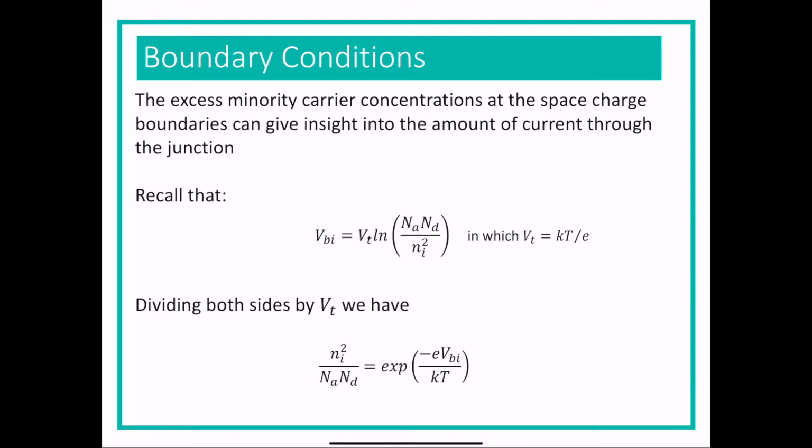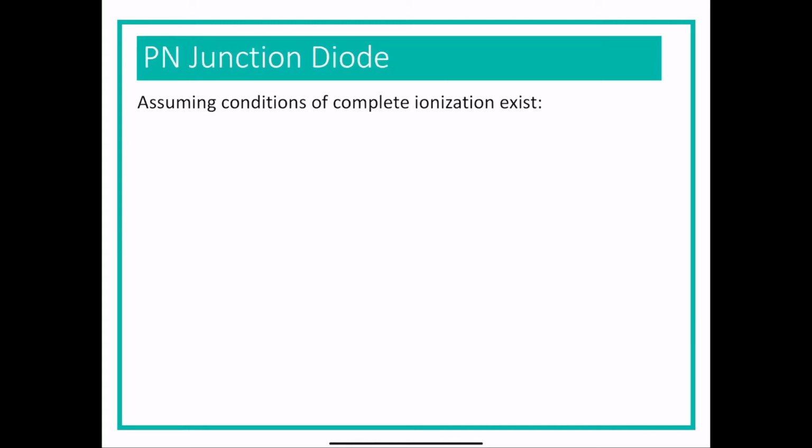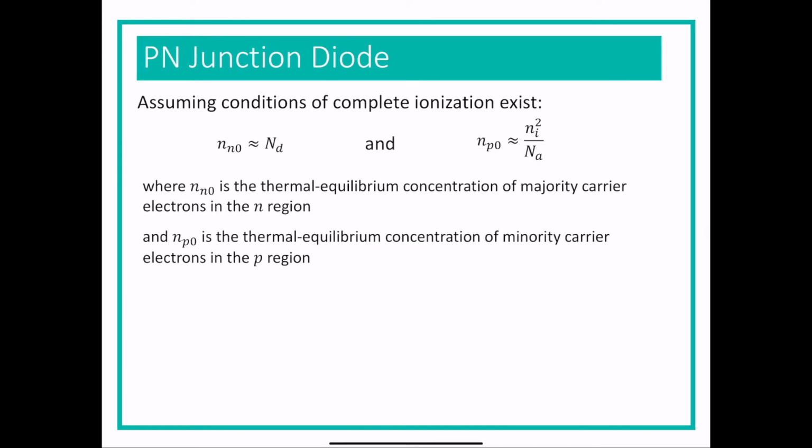And since, as we said before, we're going to assume complete ionization, we can actually apply this to the minority carriers. Complete ionization means that the thermal equilibrium concentration of majority carrier electrons in the N region, so this is n sub n0, that's just how many electrons you have in the N region, is going to equal the donor concentration.